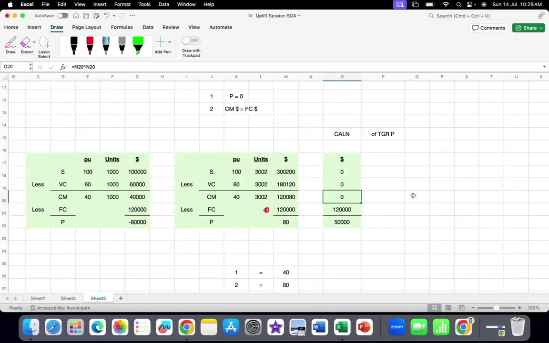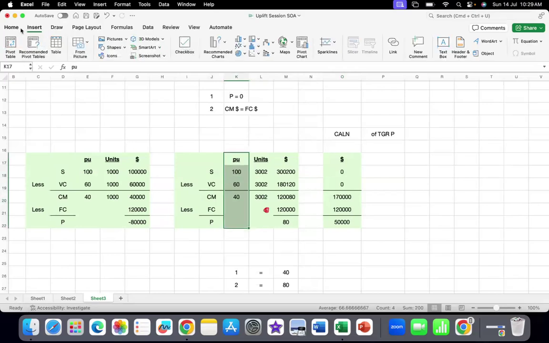Then I can calculate in reverse order and get my revised contribution margin. So if I want a profit of 50,000, my contribution margin should be 170,000. And based on this ratio, because the per unit will not change, it would always be constant.